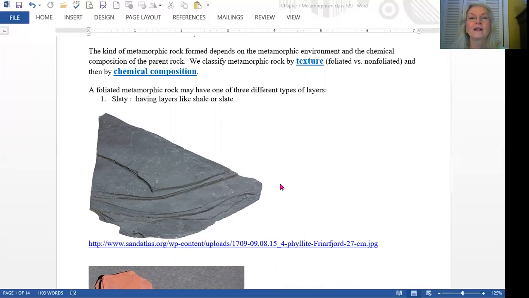It's a little like the video talking about the mica, in that the mica would pop apart, but in this instance, our layers are not nearly as thin as mica. So slate and shale both have layers. Shale is a sedimentary rock, and when it undergoes metamorphism, it will turn into slate.